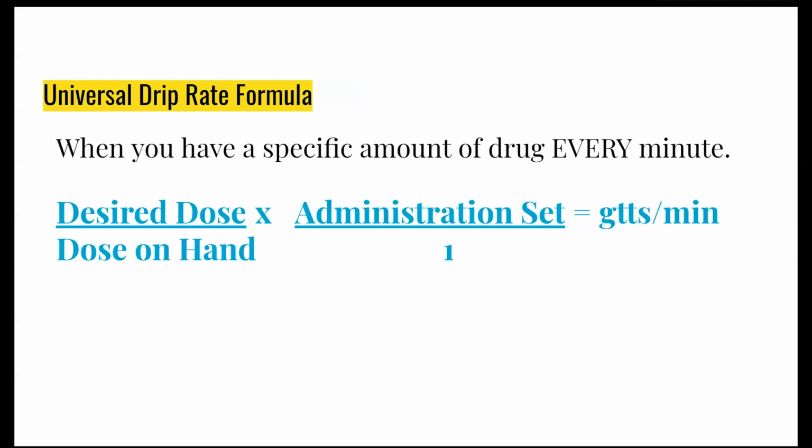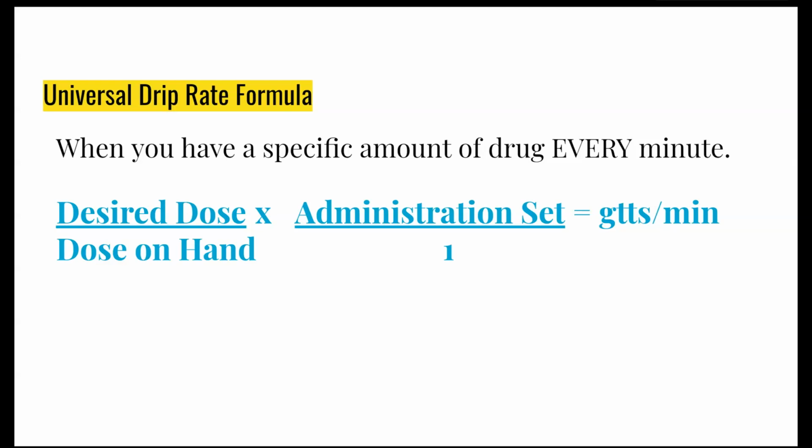So when you are giving a medication that you want to give a very specific amount, the drip rate that you're going to use is the desired dose, how much you want to give the patient, over the dose on hand, how much medication is in the bag that you're hanging to drip. Then you're going to multiply it by your administration set.